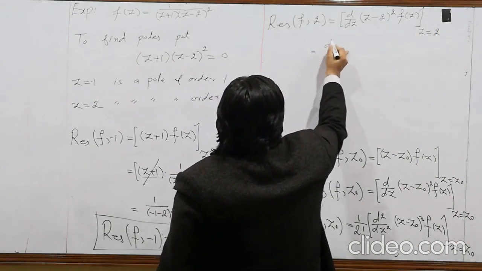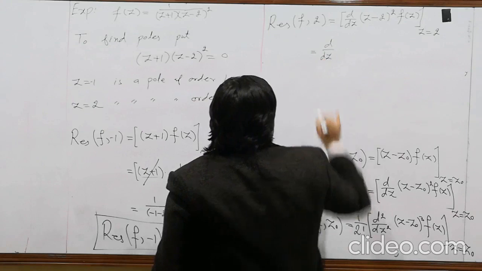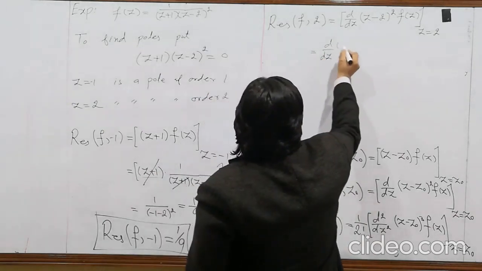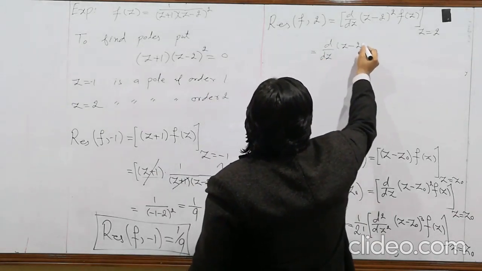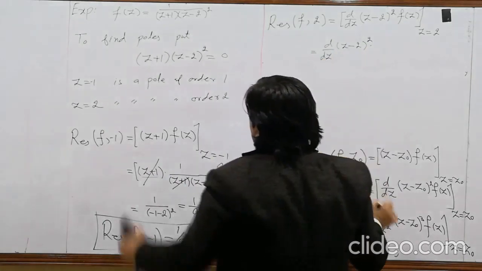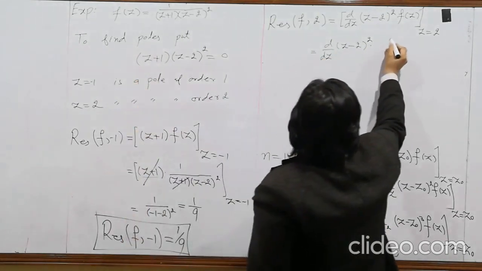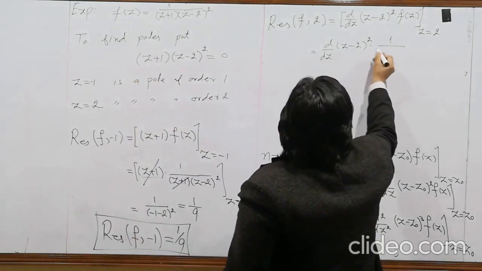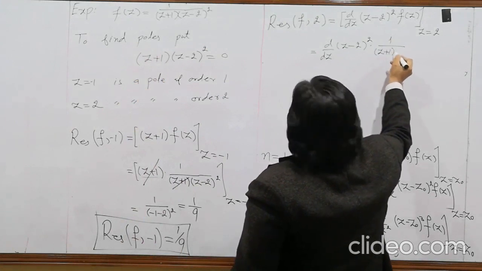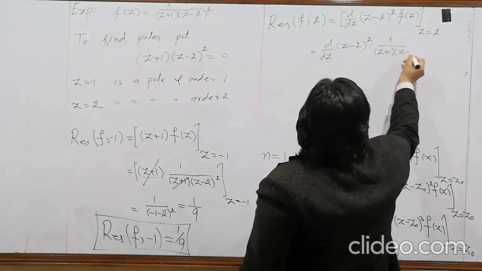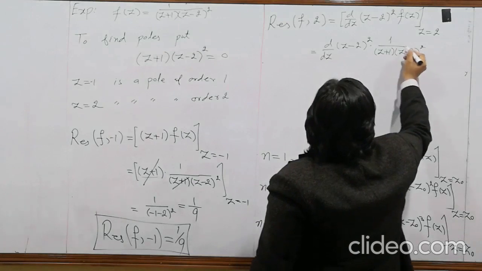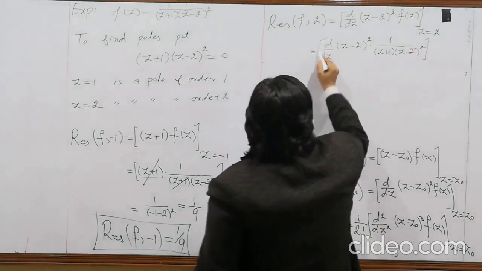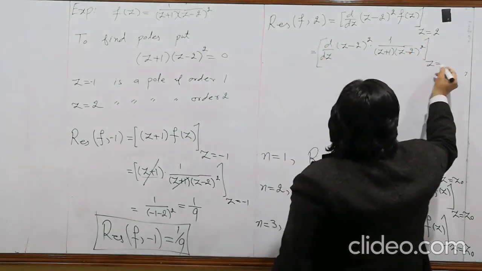So if I put the value, I will get d by dz of z minus 2 whole square into f of z. What is f of z? This is 1 over z plus 1 into z minus 2 square, at the point z is equal to 2.